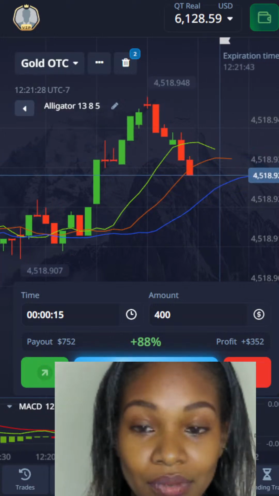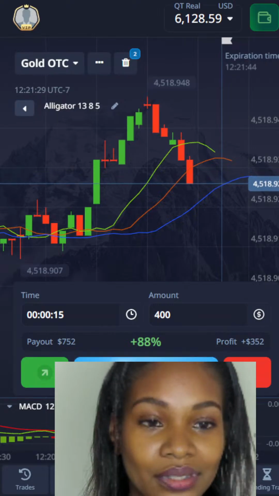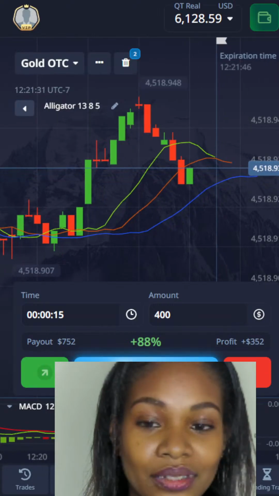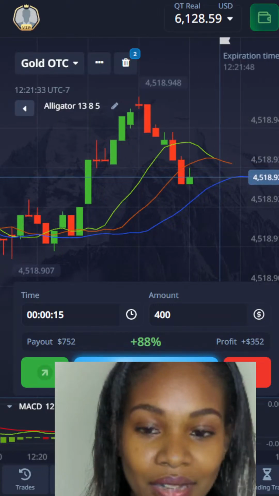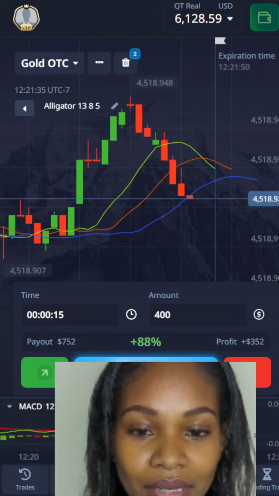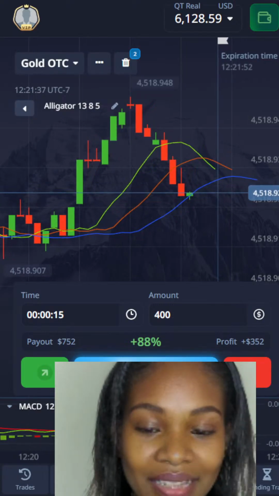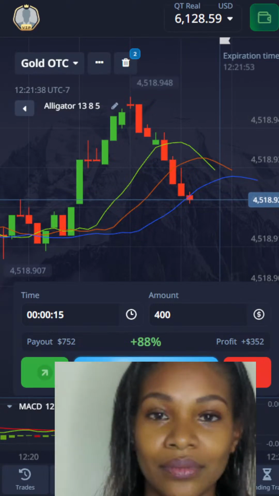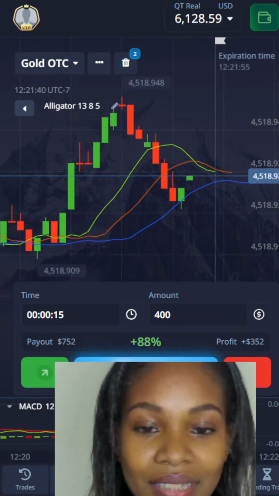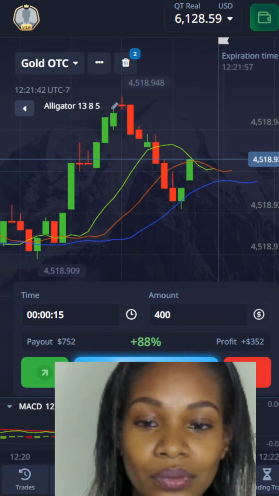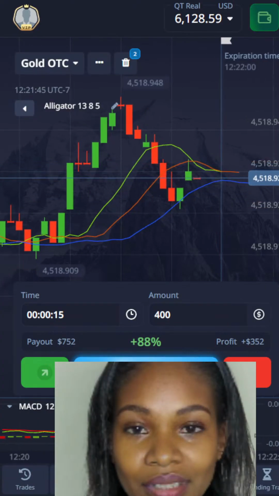When you talk about the market structure, you will find it a bit challenging to identify, okay, we are looking at the market structure, we are looking at that major higher low. Which one is the major higher low? And which one is the major higher high?